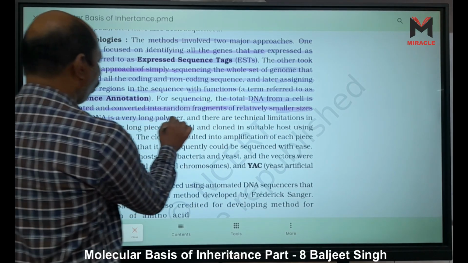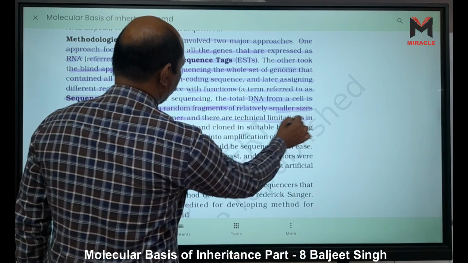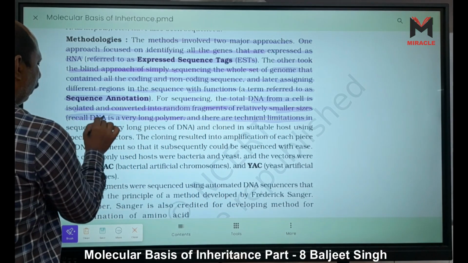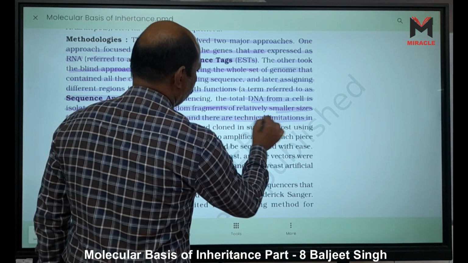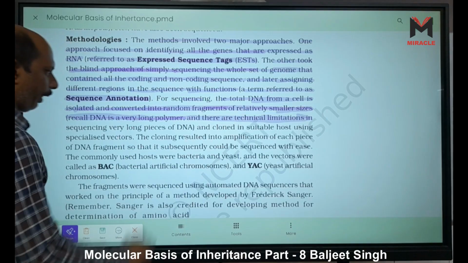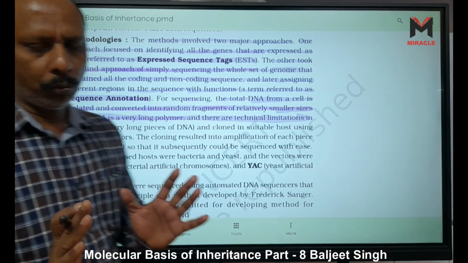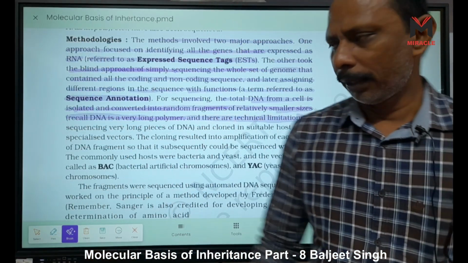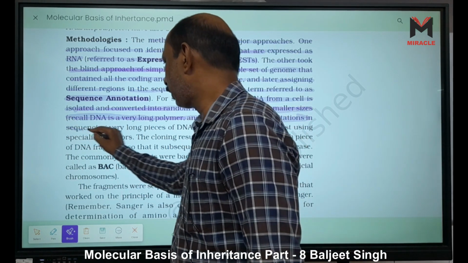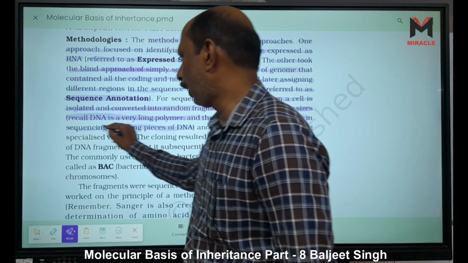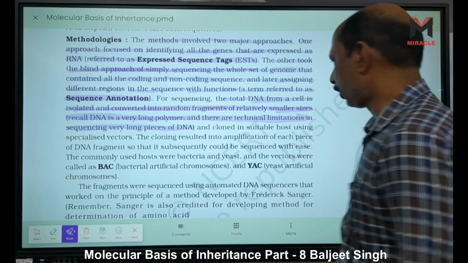Recall DNA is a very long polymer and there are technical limitations, because we have no technical method to sequence the long polymer. Sequencing very long pieces of DNA, we have a limitation, right?